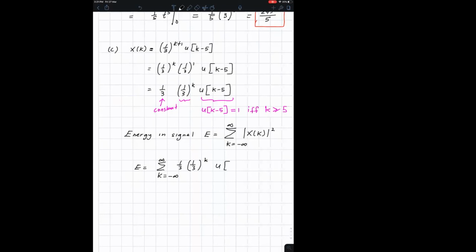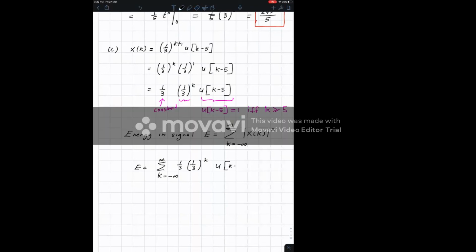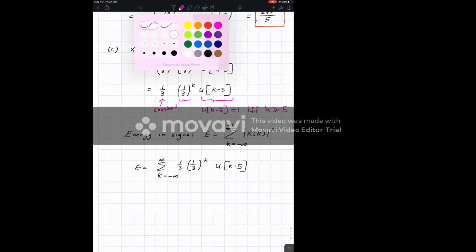This you cannot square because, as I said earlier, this is only defining the interval. So the square only applies to this. When you square, you only square this.